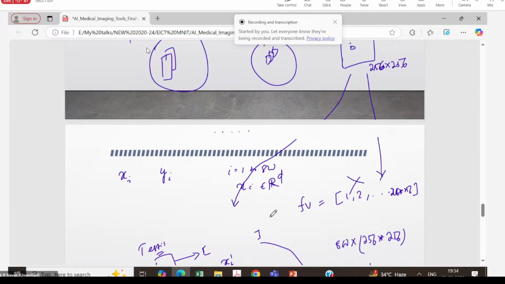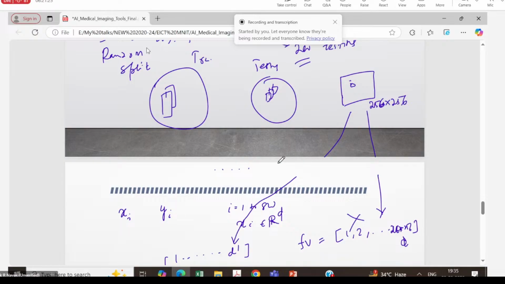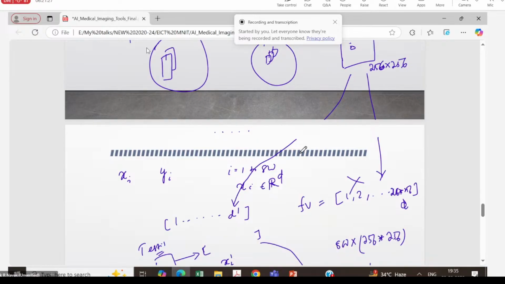Let's say this 256 into 256 can be considered as D, which is the dimension of the feature vector. Now I can reduce it to D dash. I mean, D dash is the number of features which can also represent the same characteristics of the image. So which one is better? D dash is much less than D.